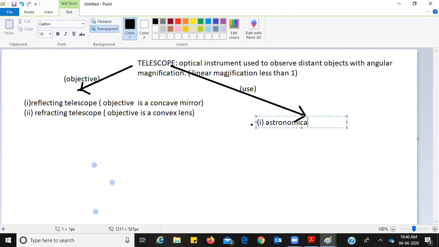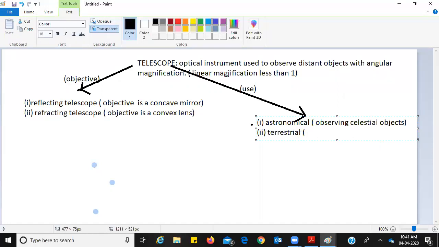So the first classification in that category comes as astronomical. This is for observing celestial bodies. And the second class is called terrestrial.